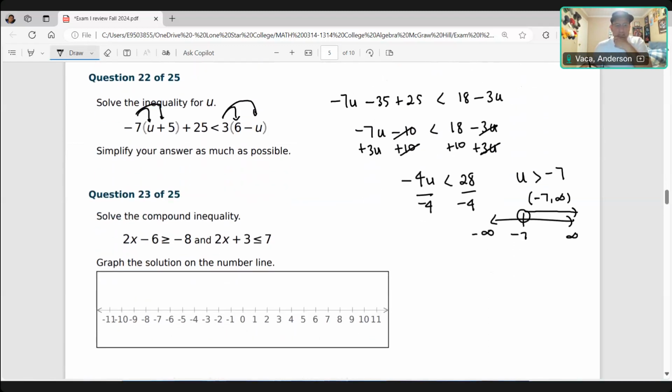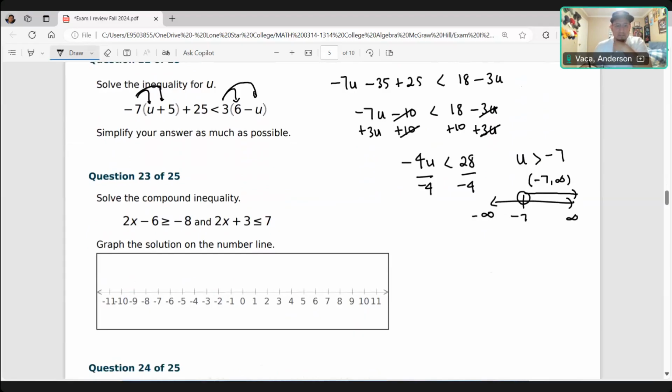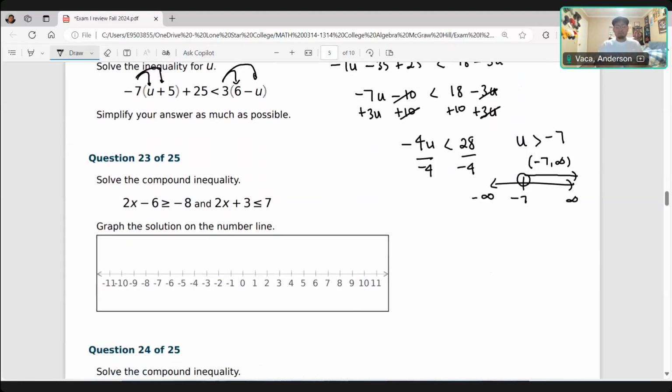Oh, this is a compound inequality. So let me take a few minutes to go ahead and talk about this example, okay? The word "and" means intersection. Why do I say that?